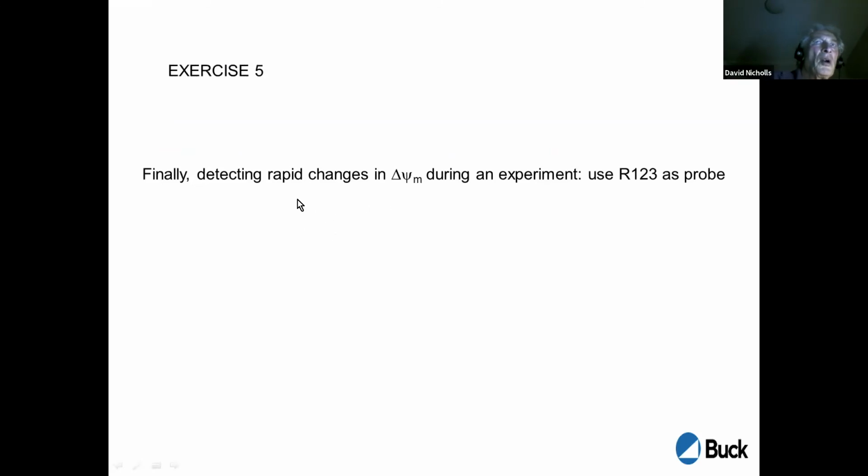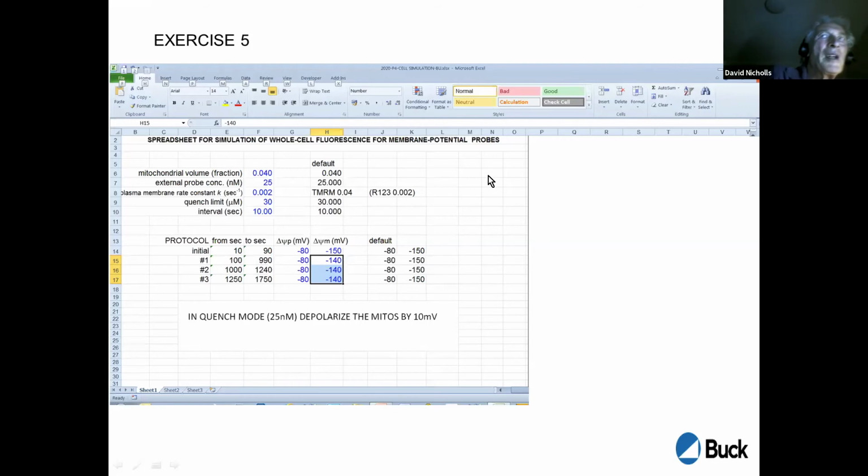So we now want to detect rapid changes in mitochondrial membrane potential, doing an experiment with rhodamine 123 as a probe. And I'll explain the reason that we're doing this in a minute.